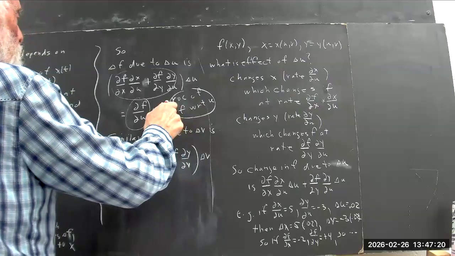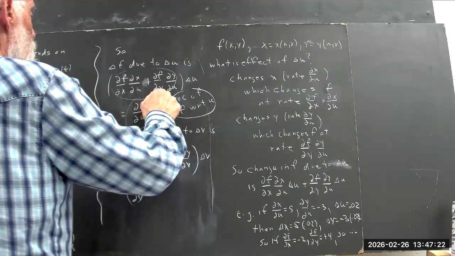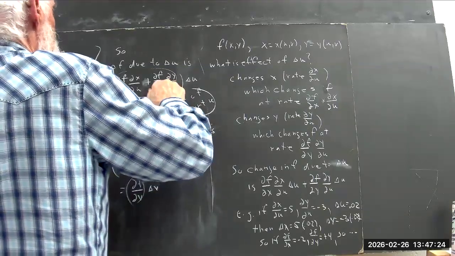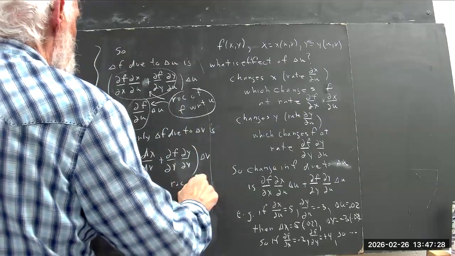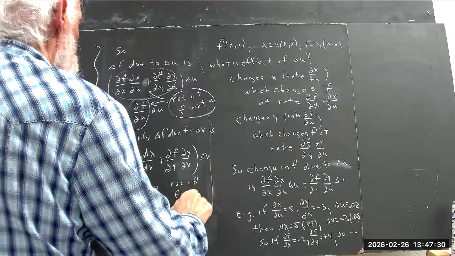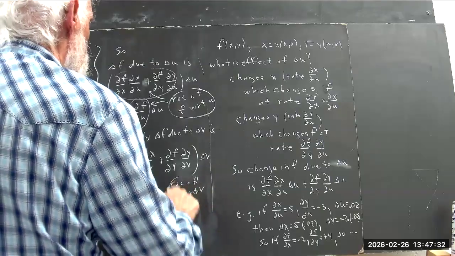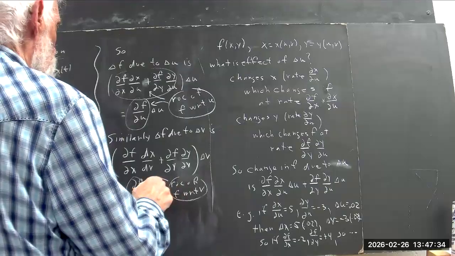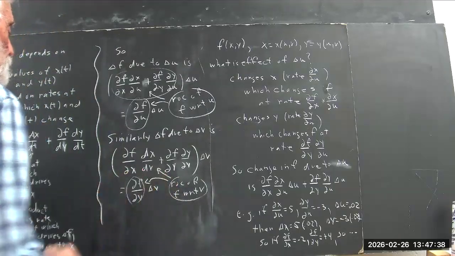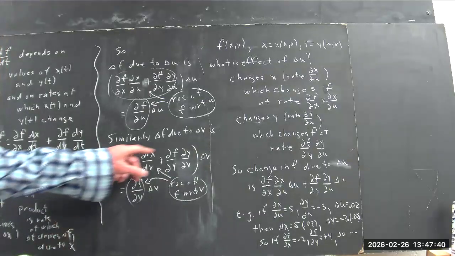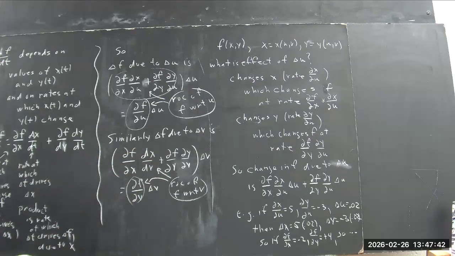The rate of change of f with respect to u is this, or it's this. Rate of change of f with respect to v could be written this way, or expanded this way.